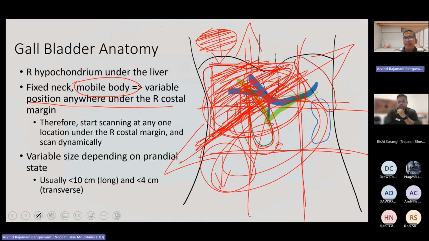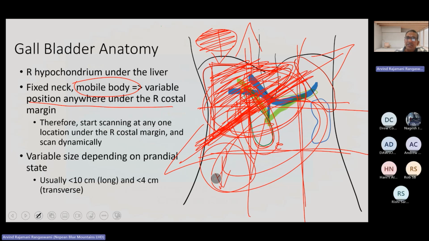On the other hand, if you're inferior to the liver, you are going to see some kind of abdominal structure. You'll either see the kidney, or loops of bowel, or fluid-filled loops in the bowel, or gut artifacts. That means you have to go superiorly, or you might be somewhere lateral, so you might have to go superolaterally.